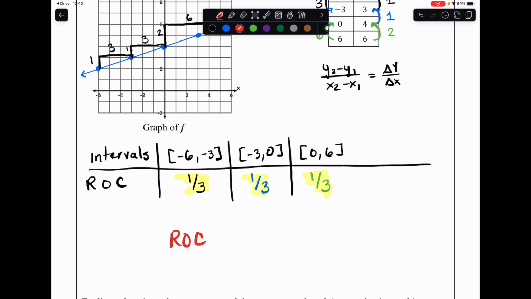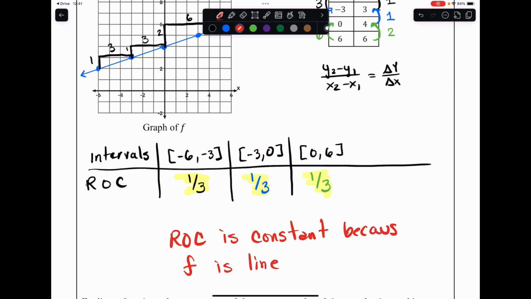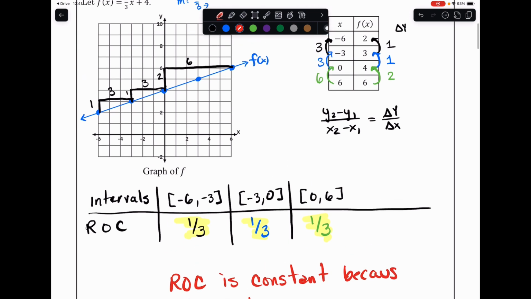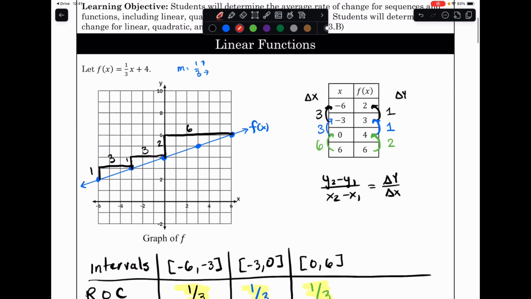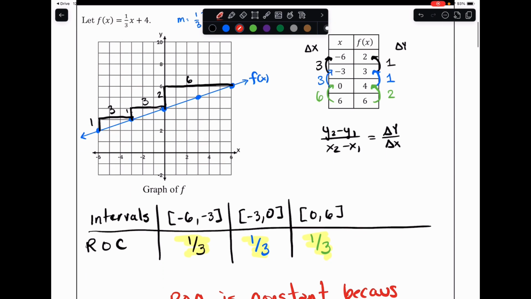Our rate of change is constant because f is linear. This is why this rate of change is constant, because the function is linear. And that's going to again be key. Every single time we have a straight line, our rate of change again is always the same. Which again is something that you should come in knowing, because this is what you studied in Algebra 1, that lines always have a constant rate of change.